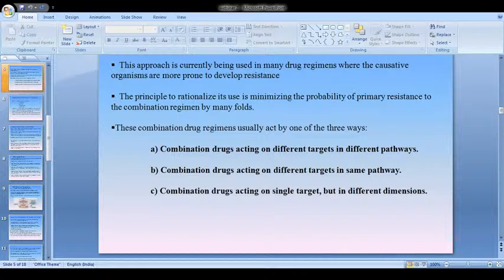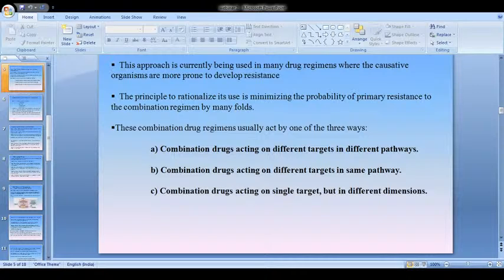And the third is combination drugs acting on a single target but in different dimensions. So these are the types of combination drug therapy.